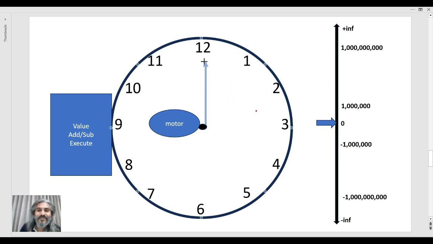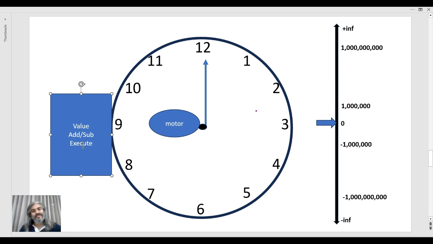Imagine you have a motor here, which is rotating this hand, and it shows us some output value. Maybe we have some other piece of equipment where we could feed in the value that we want to add, our input value, and choose whether we want to add it to the current value of this pointer or subtract it, and maybe a push button, say execute.